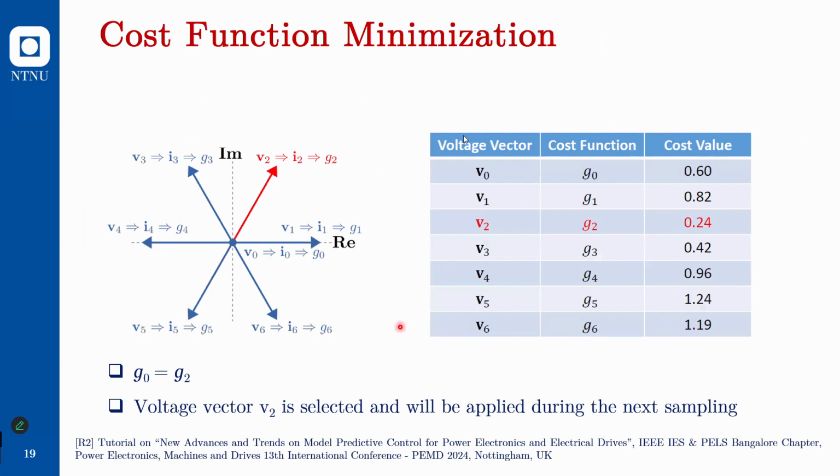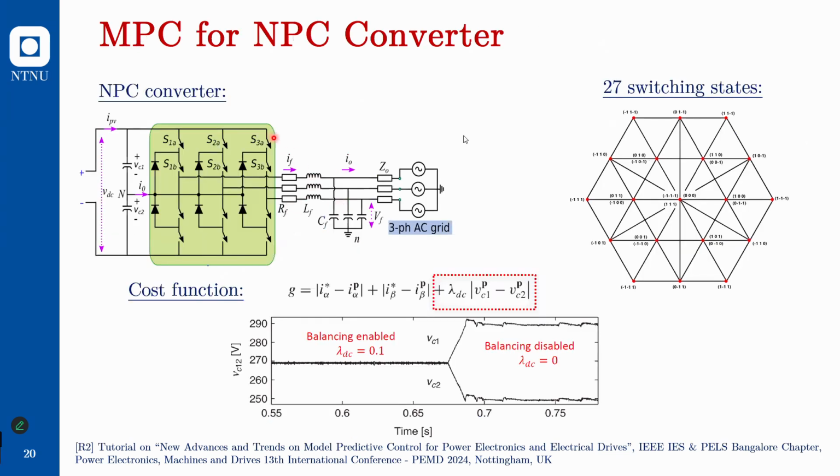But let's see where the real advantage comes in, what MPC brings to the table. Let's consider a multi-level converter. Just as an example, I have considered a neutral point clamped converter, where you are going to have 2 DC links, and you are willing to maintain the same voltage across both DC links.